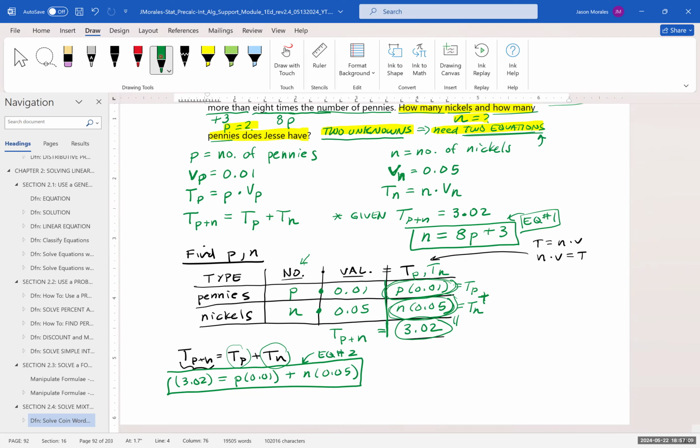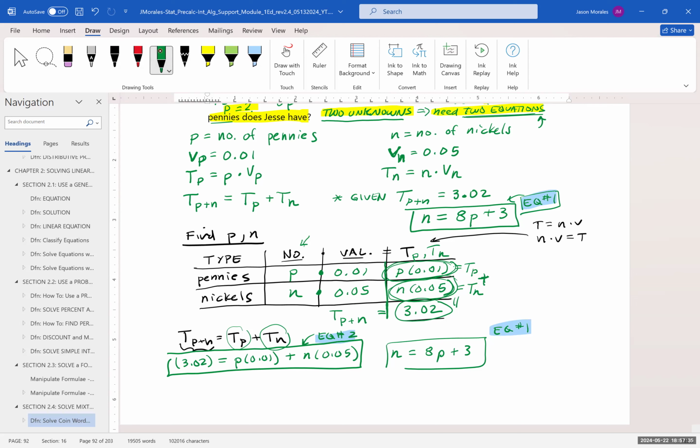So equation number one and equation number two. So now let me go ahead and write this. So we've got n equals 8p plus 3. Let me bring that down. So this is our equation number one.